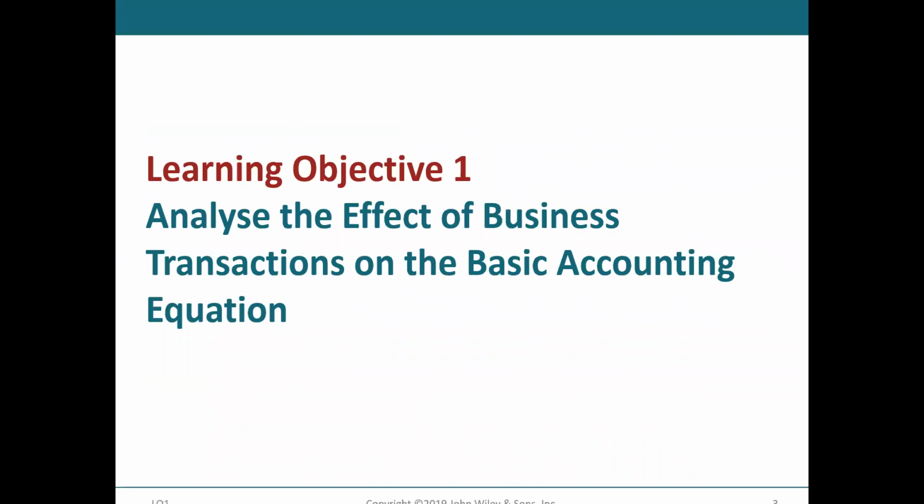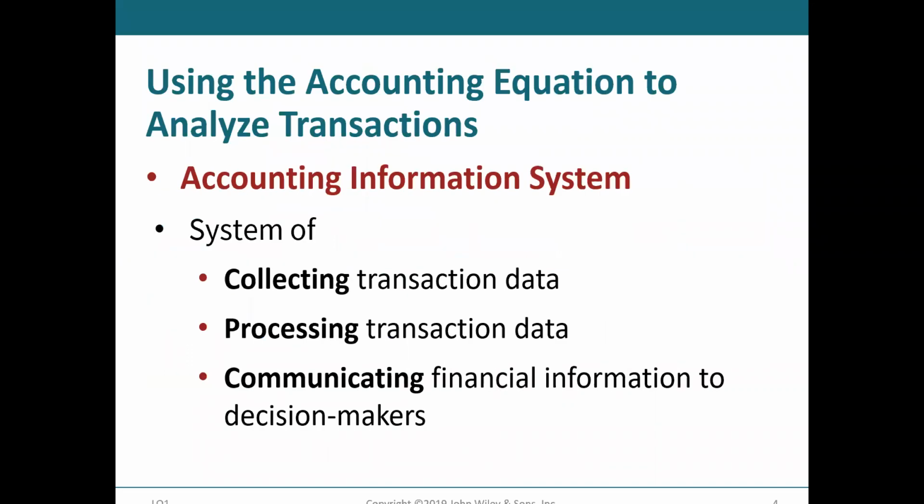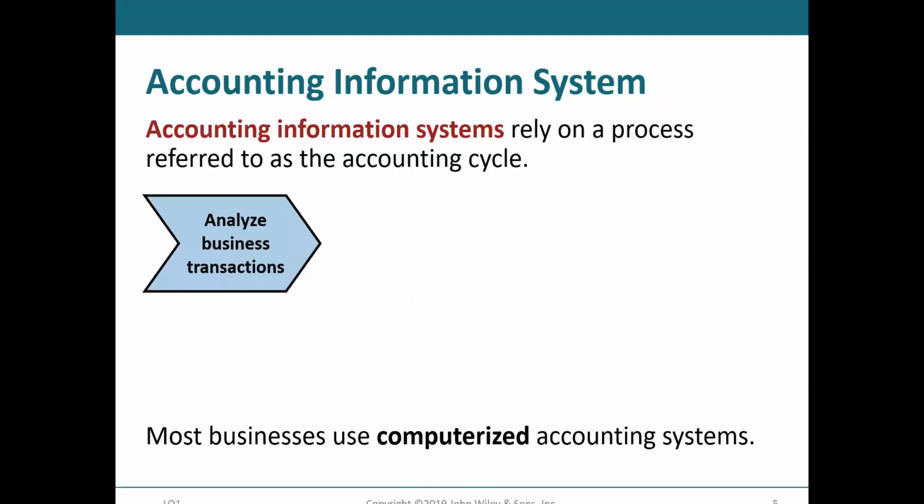Analyze the effect of business transactions on the basic accounting equation. Okay. Using the accounting equation to analyze transactions. We collect data, we process it, and we communicate it to the public, to our peers. Analyze business transactions, and then we journalize.